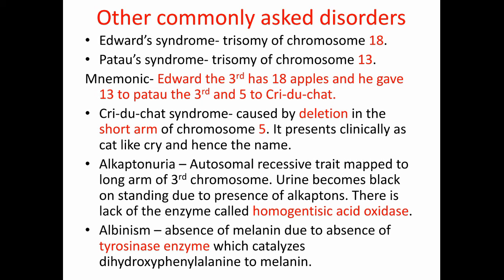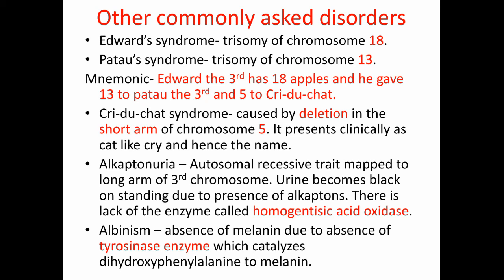And what happens to the rest 5? The rest 5 is given to Cri-du-chat. So Cri-du-chat is another syndrome which is caused by deletion in the short arm of chromosome number 5. Okay, so in this one mnemonic you find all the chromosome numbers of all these 3 diseases.